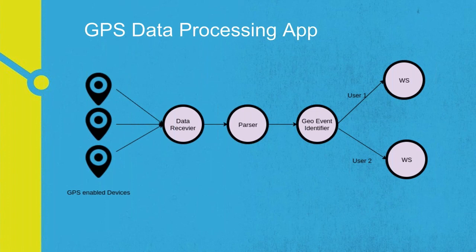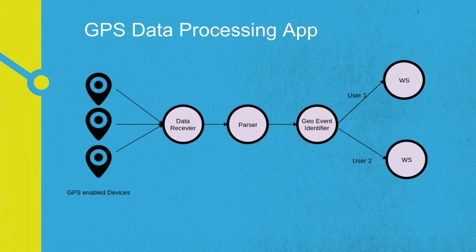Here the GPS enabled devices send updates every 1 minute to a data receiver, which is a TCP socket input operator, and the TCP socket input operator then parses the data that comes in and sends it to a geo event identifier, which is responsible for identifying whether it's a critical event or just a regular update, and which user it is for, as well as other information needed to make it more useful.